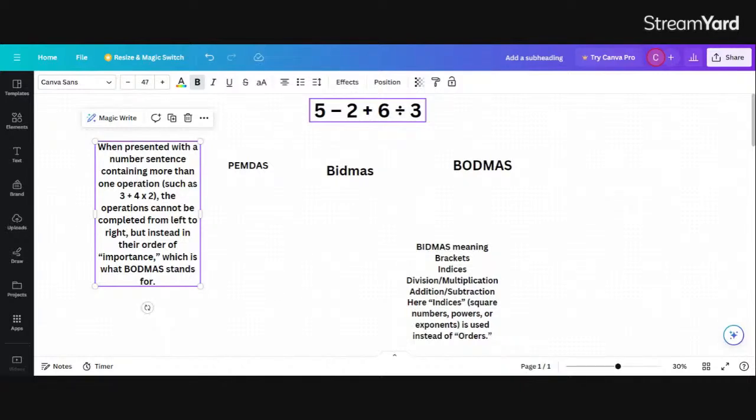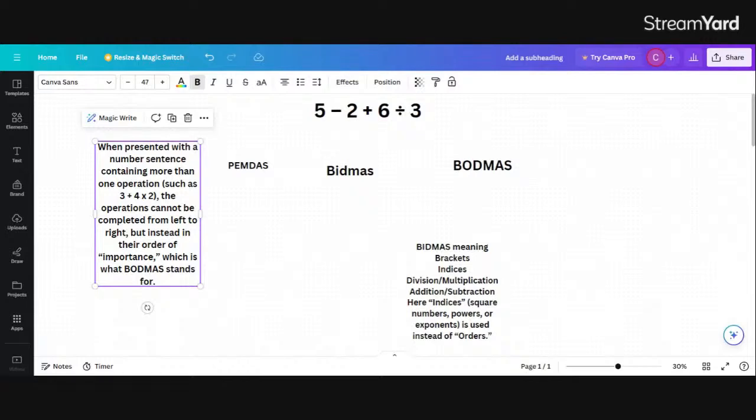You cannot just say 5 minus 2 is 3, 3 plus 6 is 9, then 9 divided by 3 is 3. That is totally wrong.